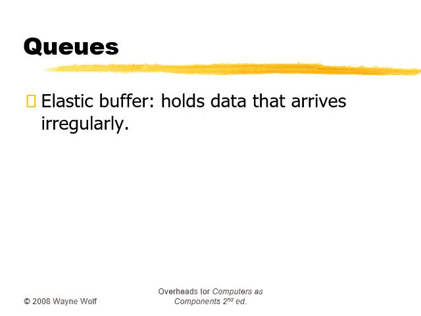Queues are also used in signal processing and event processing. Queues are used whenever data may arrive and depart at somewhat unpredictable times, or when a variable amount of data may arrive. A queue is often referred to as an elastic buffer, as I've told you.